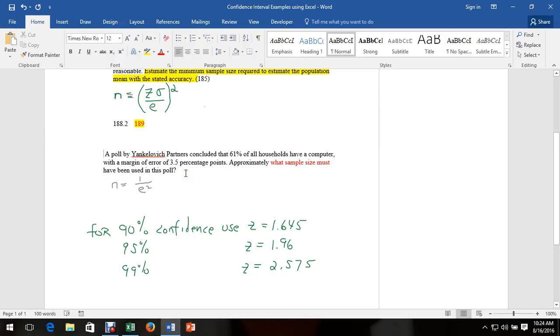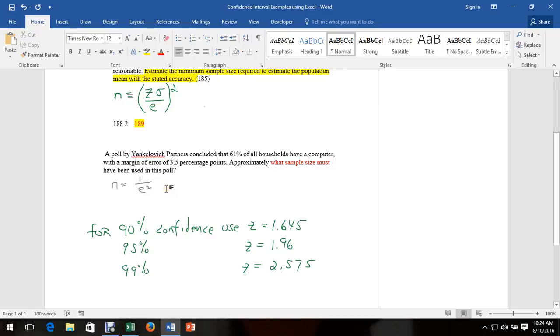And so they want to know what sample size must have been used in this poll. Well, the expression that you use is pretty simple. It's just 1 over e squared. For 95% confidence, you use 1 over e squared. And most of these will be 95% confidence, by the way.